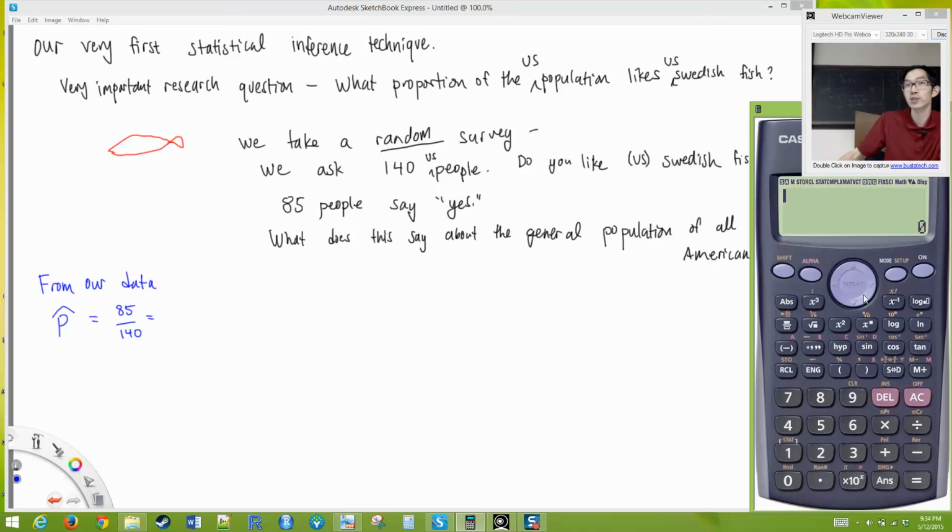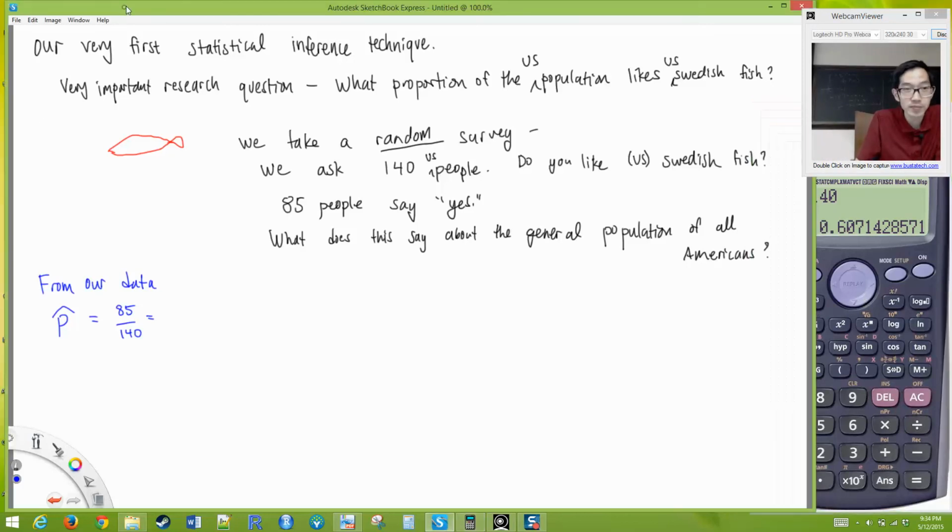So we do 85 divided by 140, and I get 0.607. Maybe I'll keep one more: 0.6071 of the sample like Swedish fish, according to this.